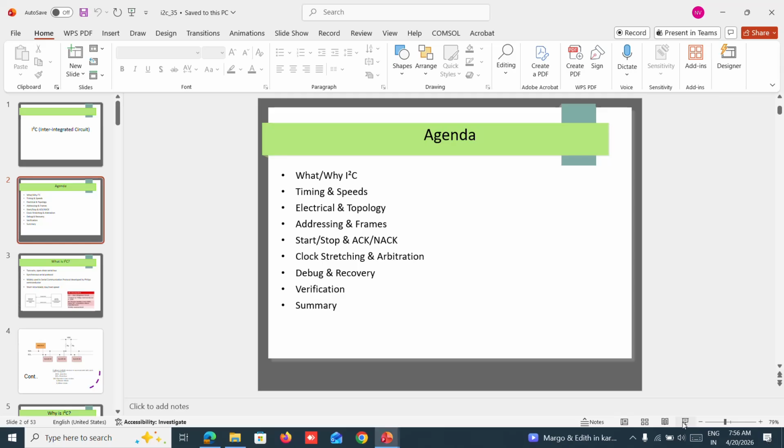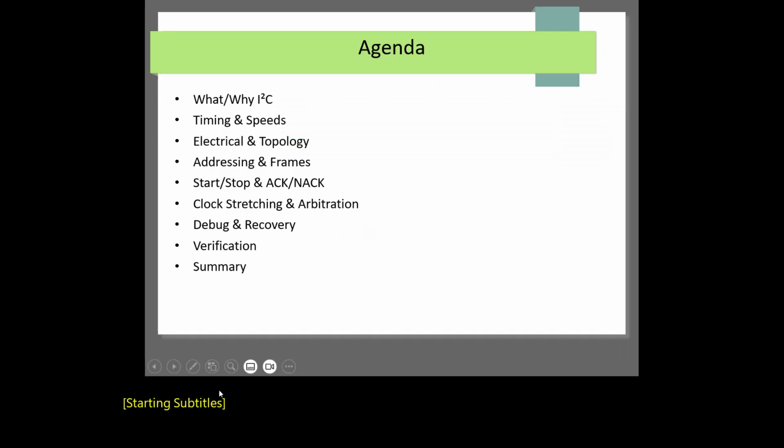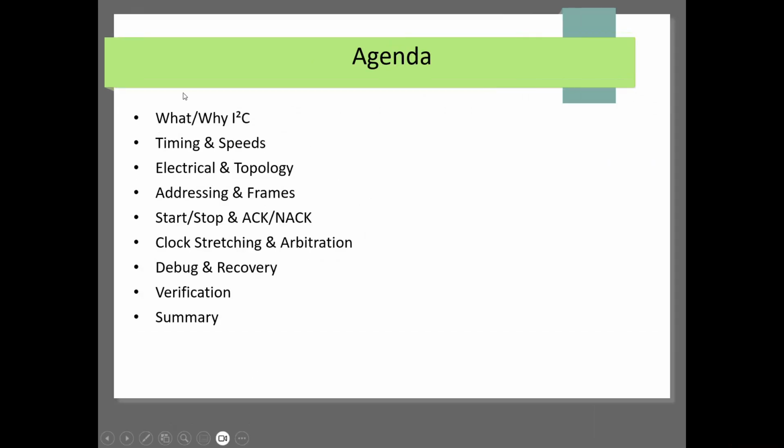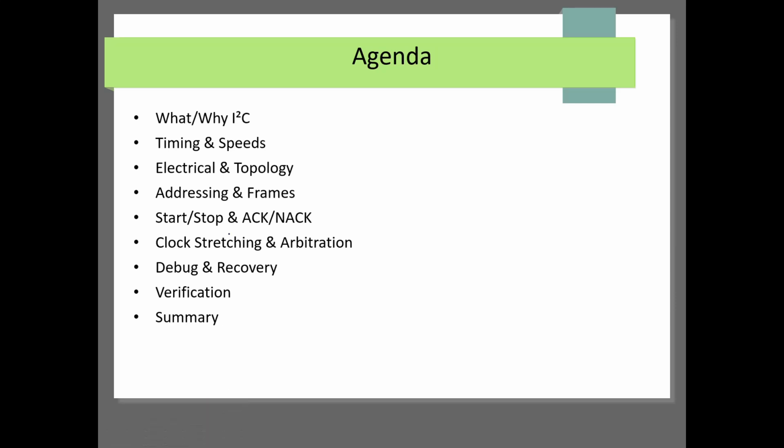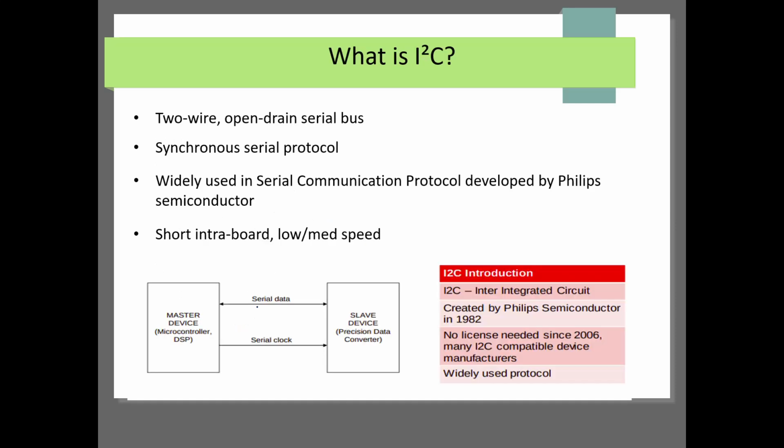What is the start and what is the stop condition? We will explain that. Next is clock stretching, acknowledge, and negative acknowledgement. How will we get the acknowledgement or negative acknowledgement? Then clock stretching and arbitration, debug, recovery, verification, and summary. So these are the topics.